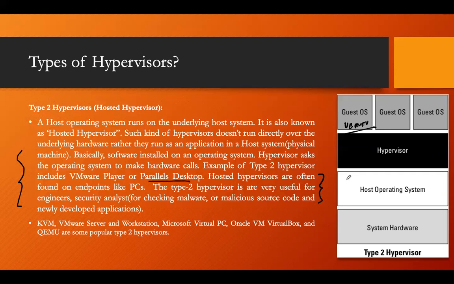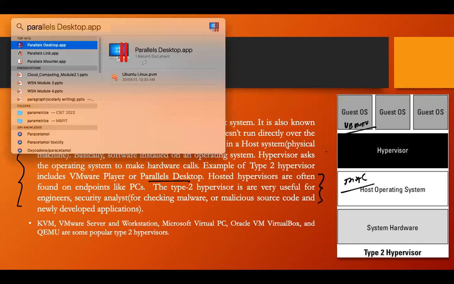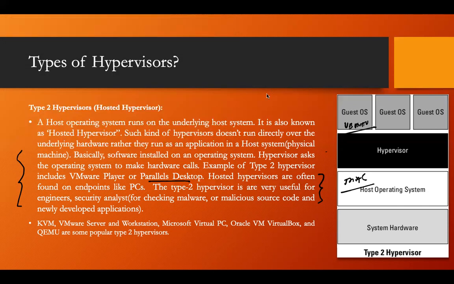My host operating system is Mac, right? And this Ubuntu has been used with Parallels. So this is the Parallels Desktop app, in which the Ubuntu operating system has been installed. So this is an example of type 2 hypervisor.